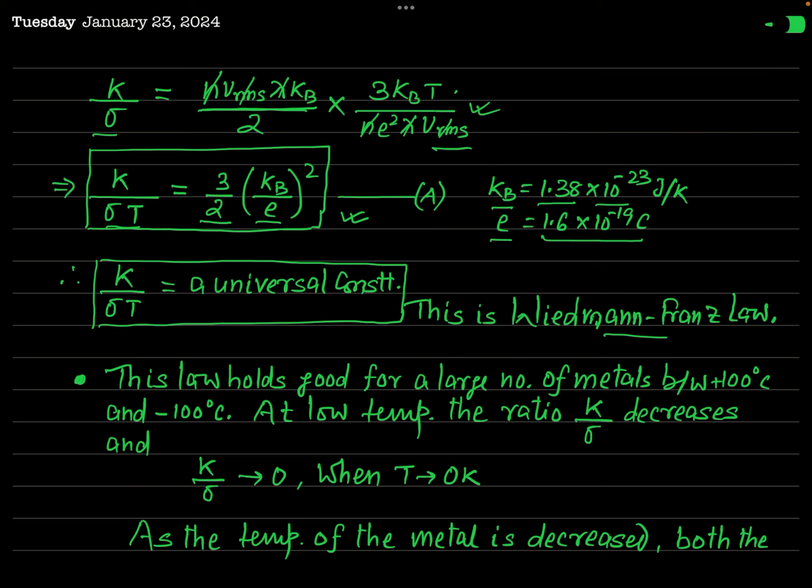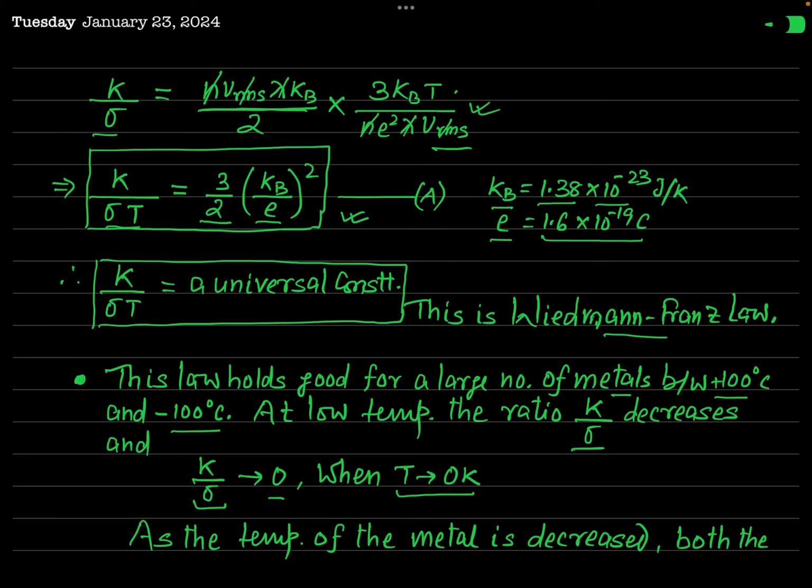Now this law, called the Wiedemann-Franz law, holds good for a large number of metals over a large temperature range, when the temperature lies between plus 100 degrees C and minus 100 degrees C. But at a very low temperature, this ratio K by sigma decreases, and when the temperature T tends to 0 Kelvin, K over sigma tends to 0.